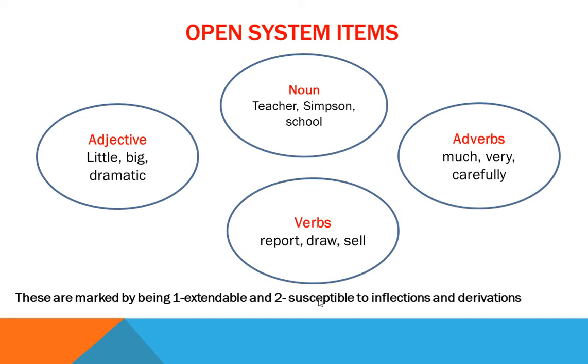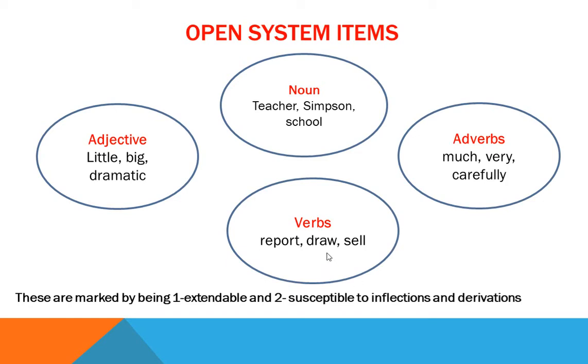And the second feature is that these items are susceptible to inflections, which means that, for example, nouns could be pluralized. We can say teacher and teachers. We can say school and schools. Adjectives are also susceptible to inflections, and we can say, for example, big, biggest.